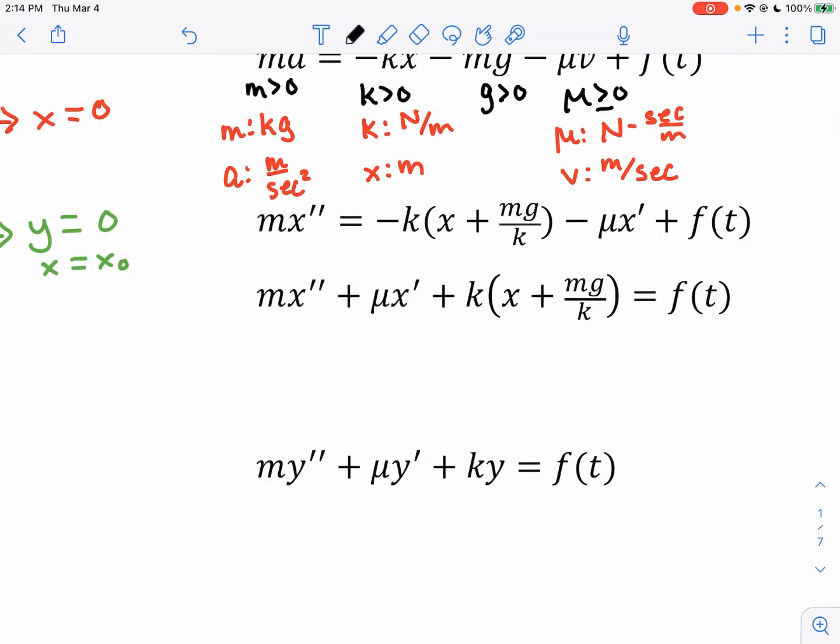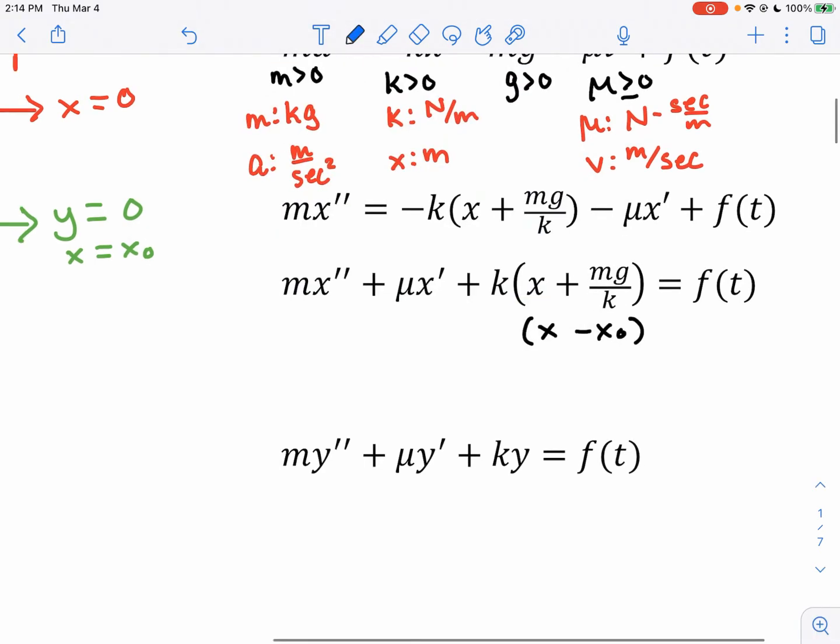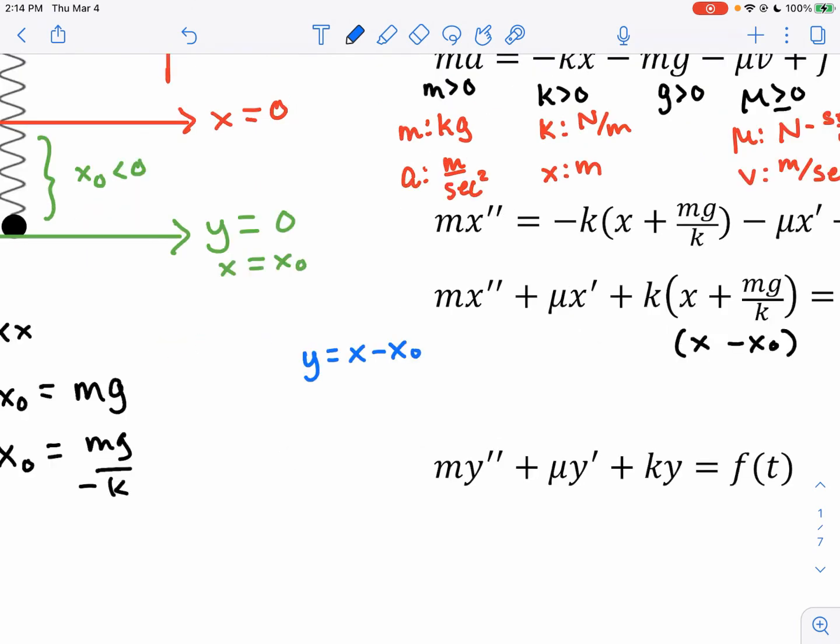So over here, I could rewrite this differential equation, at least part right here, as x minus x naught. Now, what I'm going to do is a transformation. I'm going to let y be equal to x minus x naught. Therefore, when x is changed to x naught, this becomes 0, making y equals 0 and x equals x naught the same location, which is what I want.